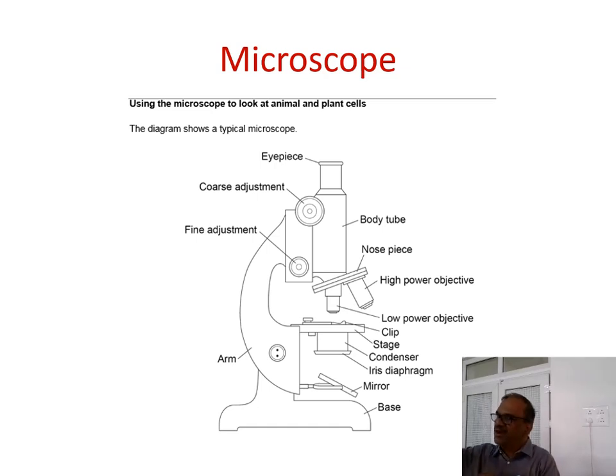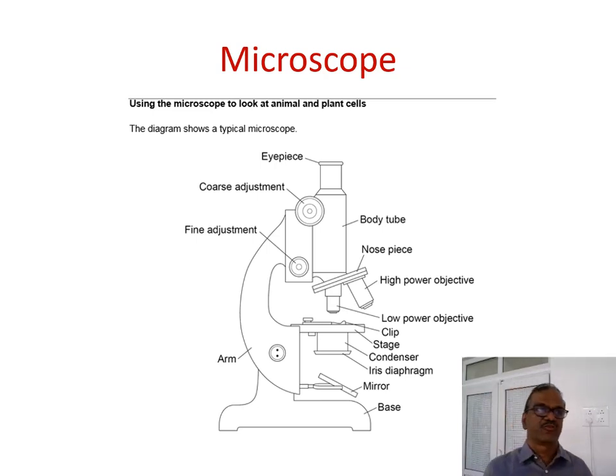In that, a small lens is fixed at the top, and at the bottom there is a stage where you can keep the specimen and observe it, instead of holding it as a handle. That comes under the simple microscope, 10x magnification.